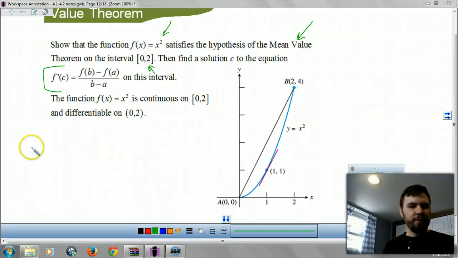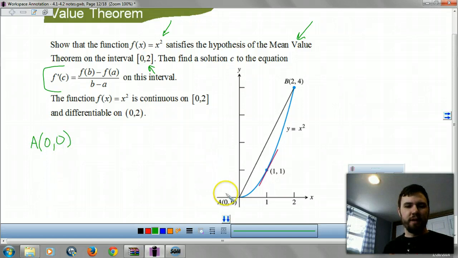So we have point A is 0, 0. If you need to find this y coordinate, what you have to do is plug your 0 into your function. f of 0 is 0 squared.